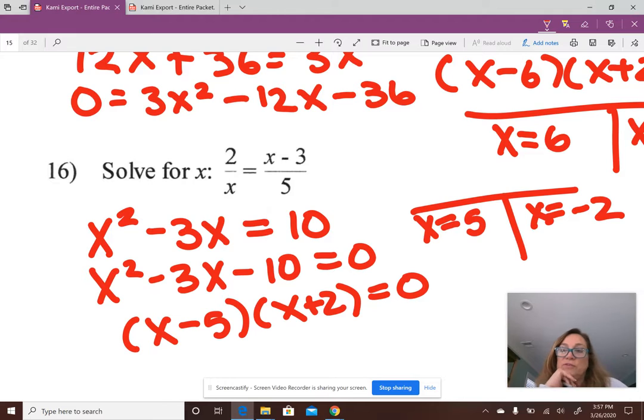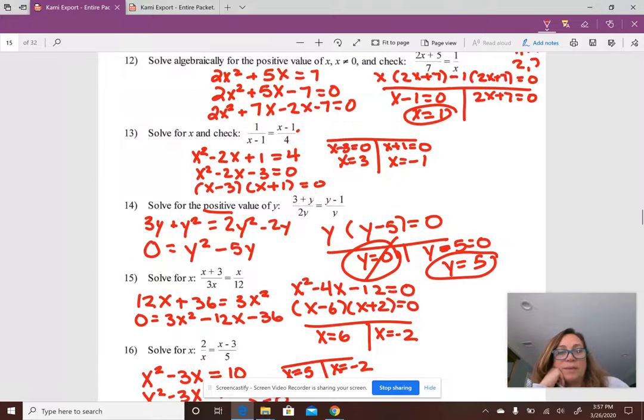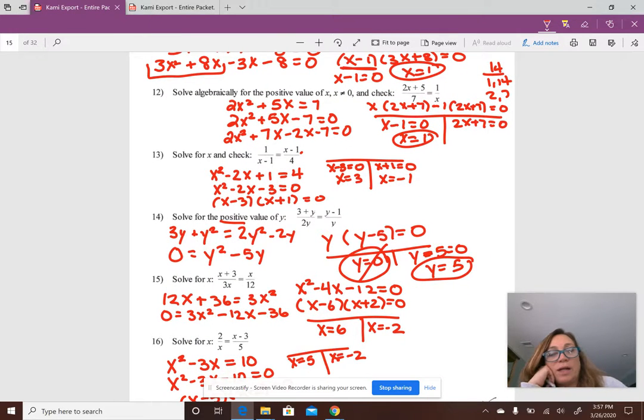Both of those answers are valid because the only thing x can't be is 0. It actually said that somewhere on the page here. If you look at number 12, it says solve algebraically for the positive value of x, x does not equal 0. The reason they're saying that is because if x was 0, that would make the fraction undefined.